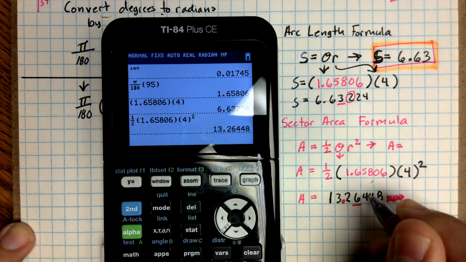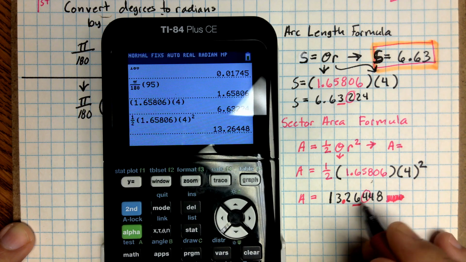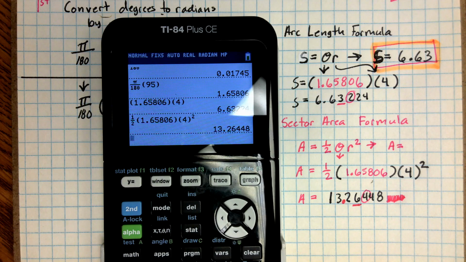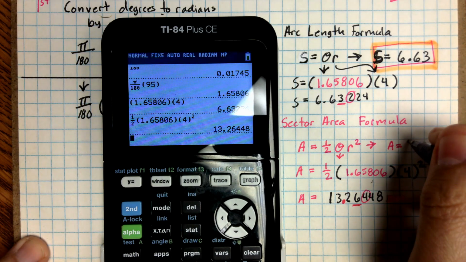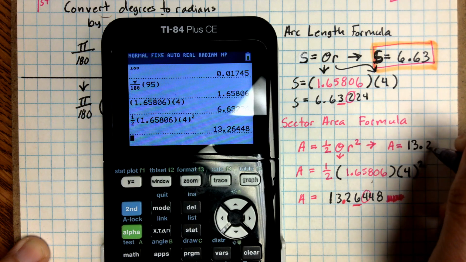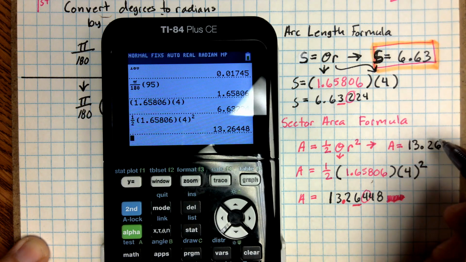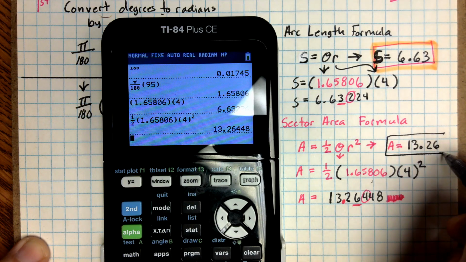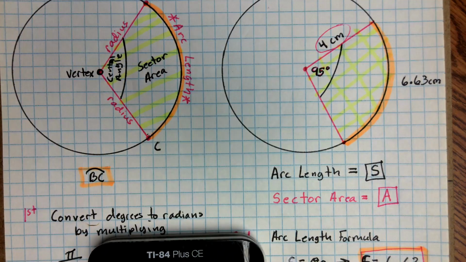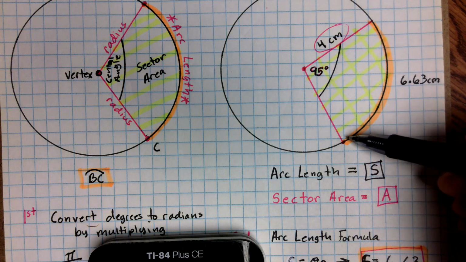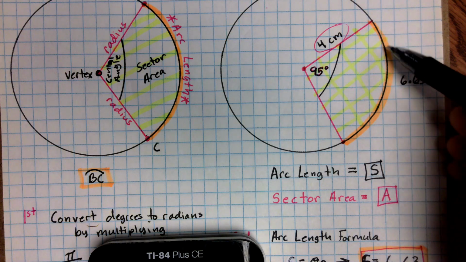So I'm going to underline the hundredths, circle the thousandths, and that 4 tells us to let the 6 rest. 4 or less, let it rest. So our final answer for A is simply going to be 13.26. And that is how many little squares can fit inside of this area right here on the other side of the arc.